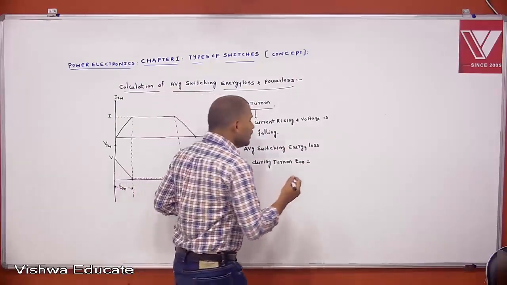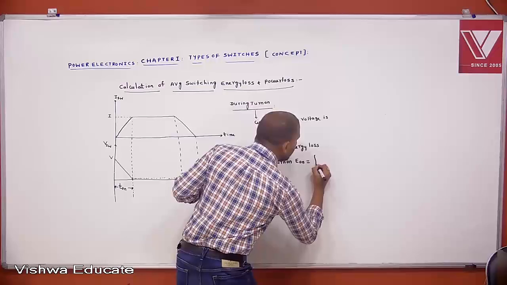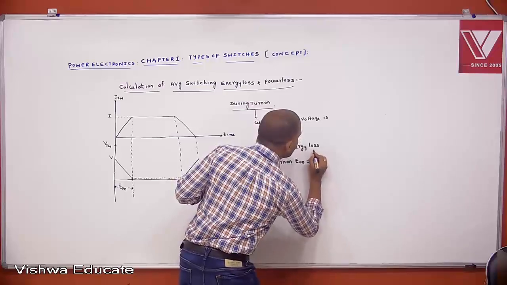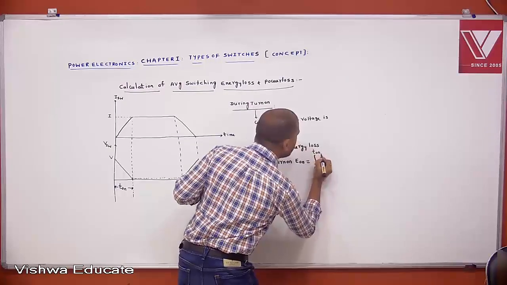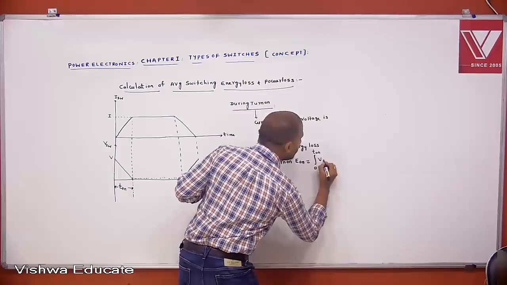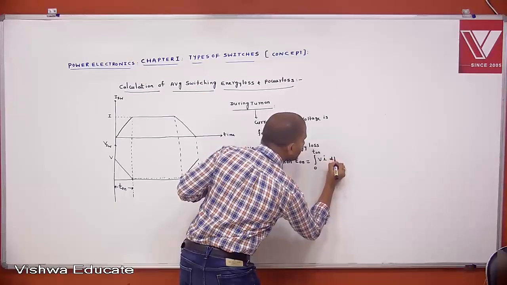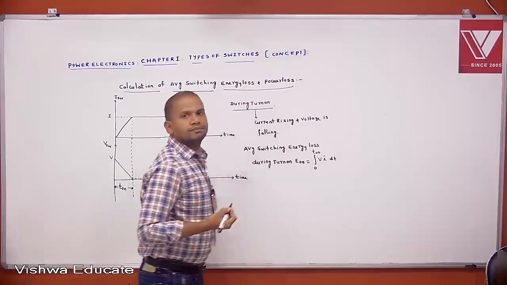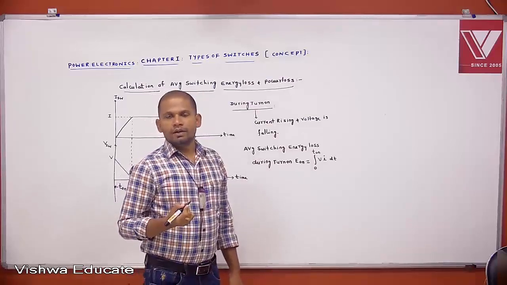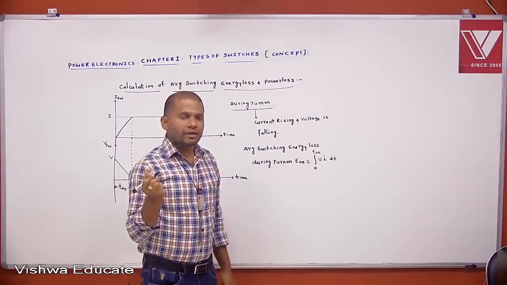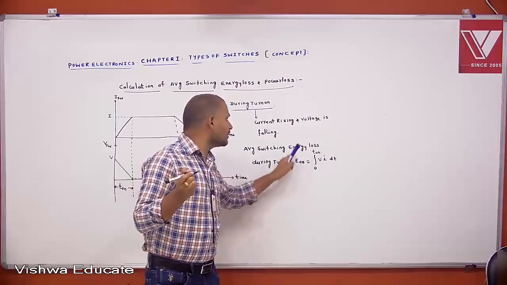How to define it: integral 0 to T on of V into I into dt. How to calculate average energy loss? Integration of power is nothing but energy.